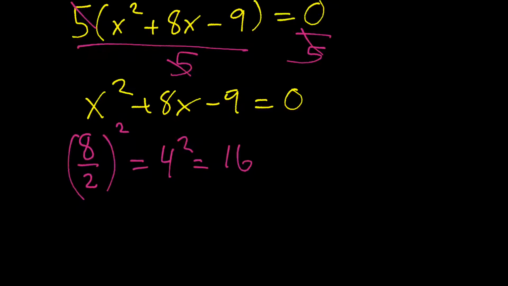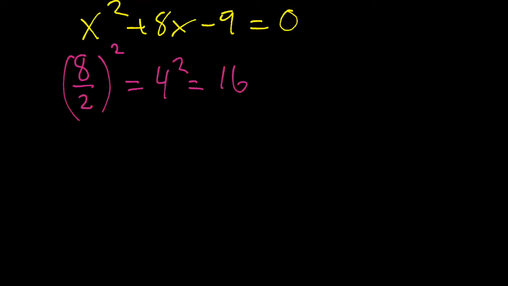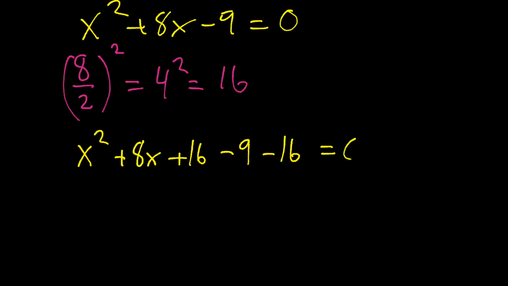So let me scoot this up a little. We'll get x squared plus 8x plus 16, and then we can't forget about the minus 9, and then the minus 16 to equal 0. Have to have the minus 16 because we added 16 into it, so this keeps it balanced.